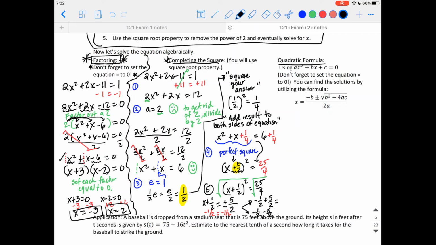If you do this in your calculator, negative a half plus 5 halves is 4 halves. And 4 halves divided by 2 is the 2. So there's one of our answers that we've been getting. Negative a half minus 5 halves is negative 6 halves. And negative 6 halves is the negative 3.